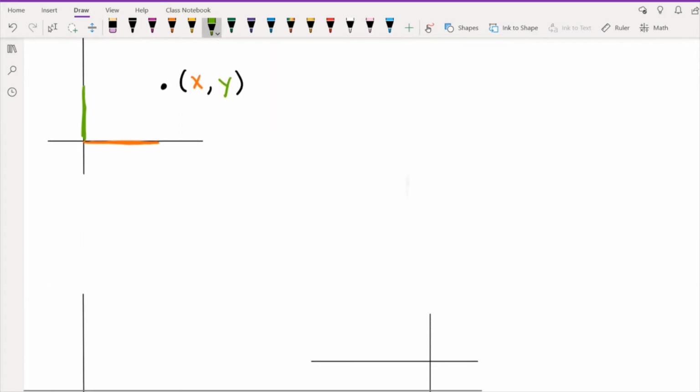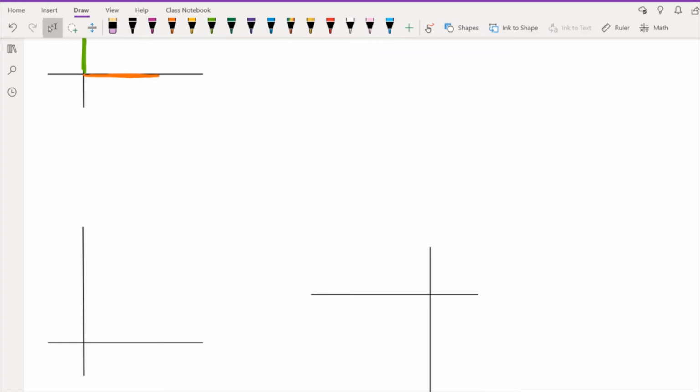Okay, so what would be another way to refer to where a point is in space? Well, what we can do instead is we can use an angle to describe basically the direction of where that point is. And then we just need to include another number to tell us how far to go along that angle. And so this system is going to be called polar coordinates.